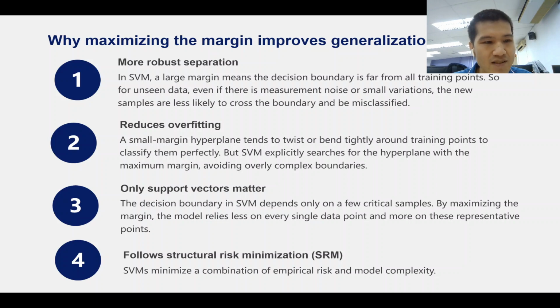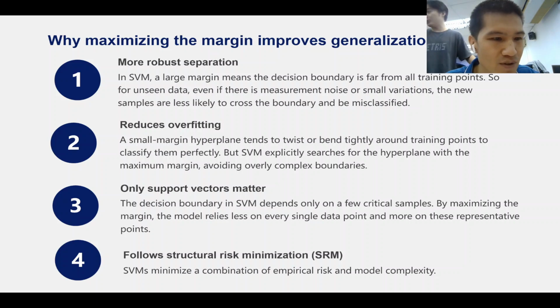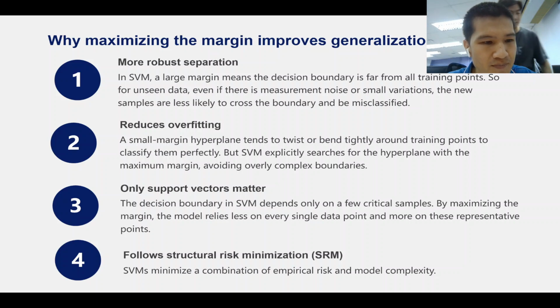New data points can shift slightly due to noise, but if the margin is large, they are still likely to fall on the correct side of the boundary. Second, maximizing the margin helps reduce overfitting. A small margin forces the model to bend tightly along training samples, capturing noise instead of the true pattern.